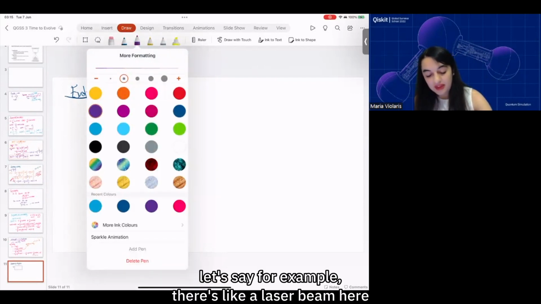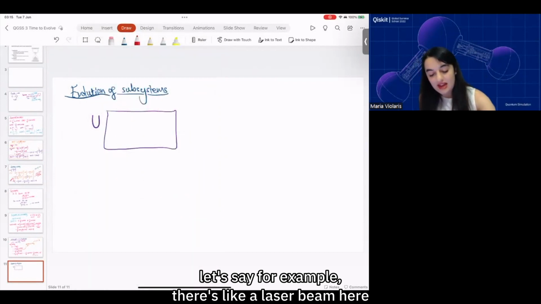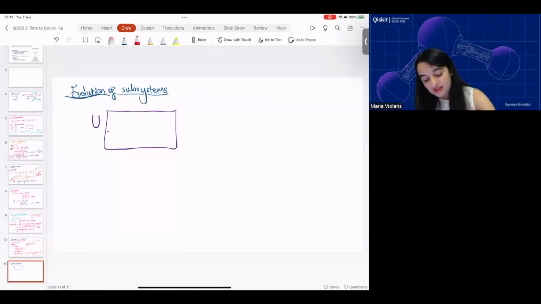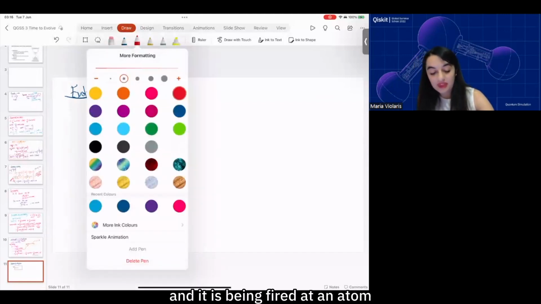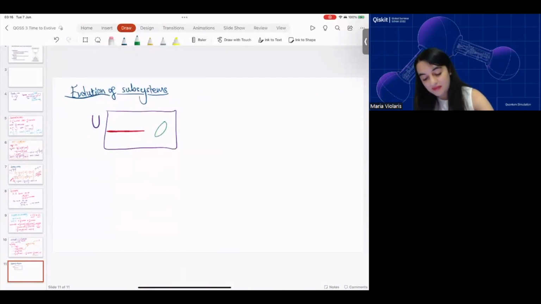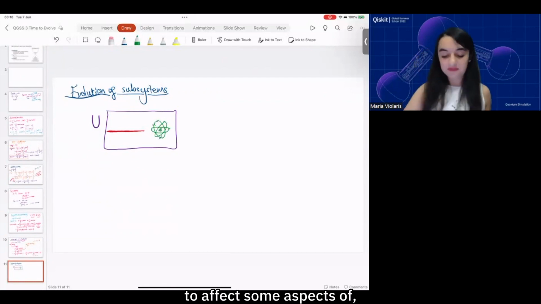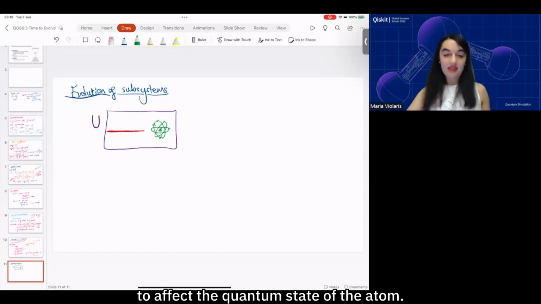Say, for example, there's a laser beam being fired at an atom to affect the quantum state of the atom.